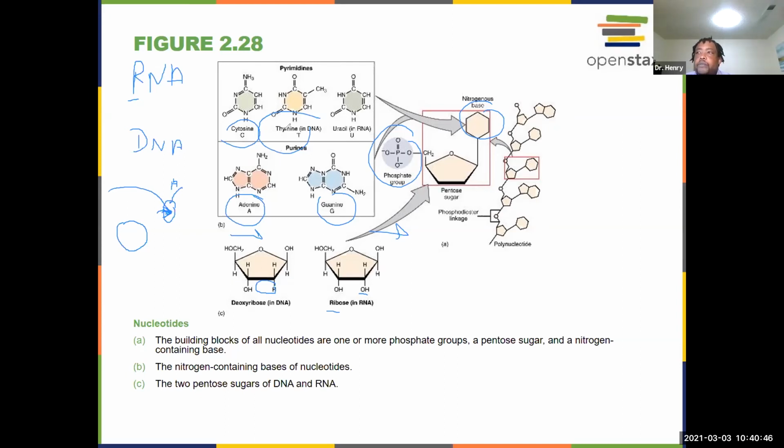RNA is going to be your U, your C, your A, and your G, okay? So it's going to have this as your sugar, still going to have the phosphate, and then it's going to use these different ones alternating, okay?